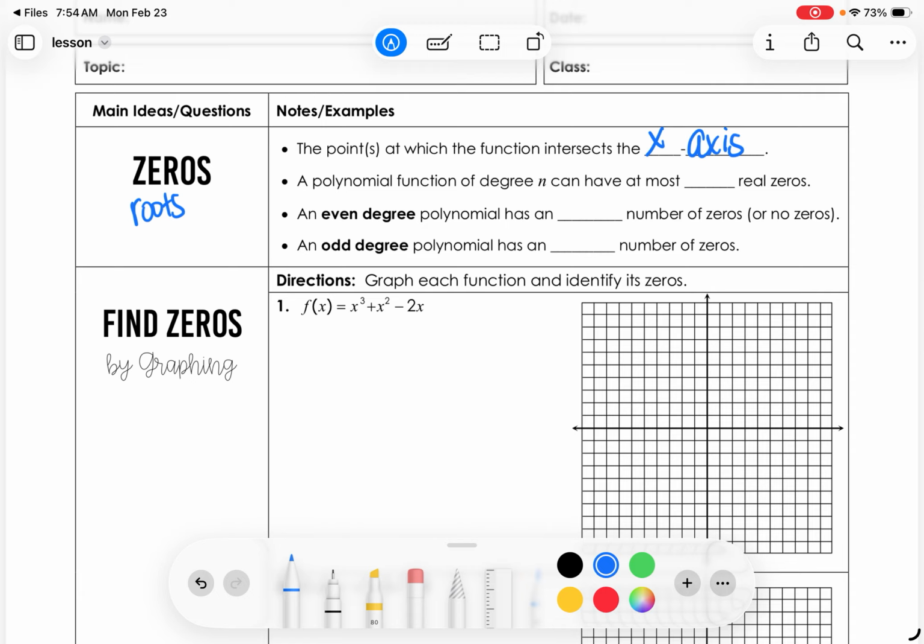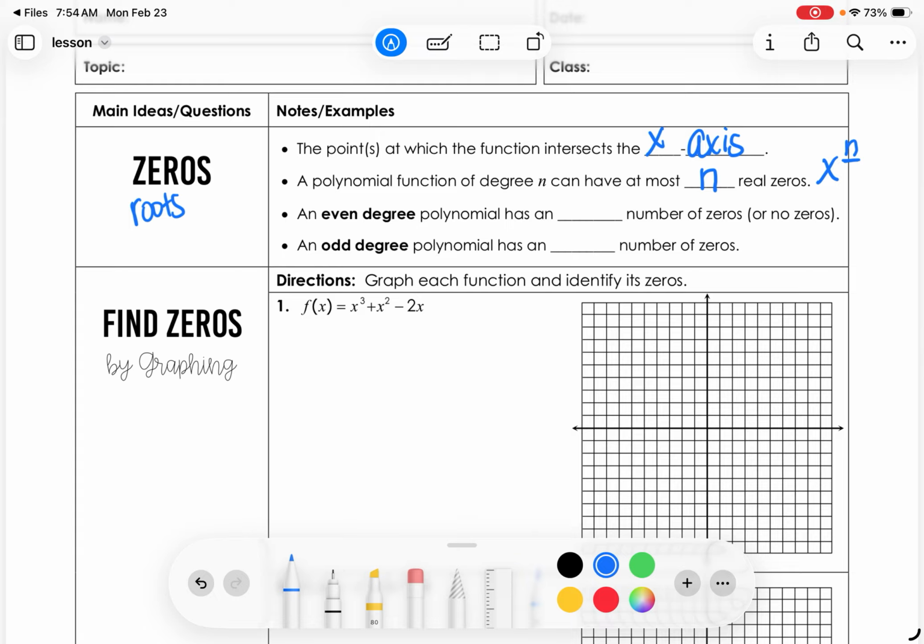And so a polynomial function of degree n can have at most n roots. And so remember, what we mean by degree is the exponent. So the biggest exponent that you have is going to dictate the number of roots or zeros or answers, if you will. Okay?